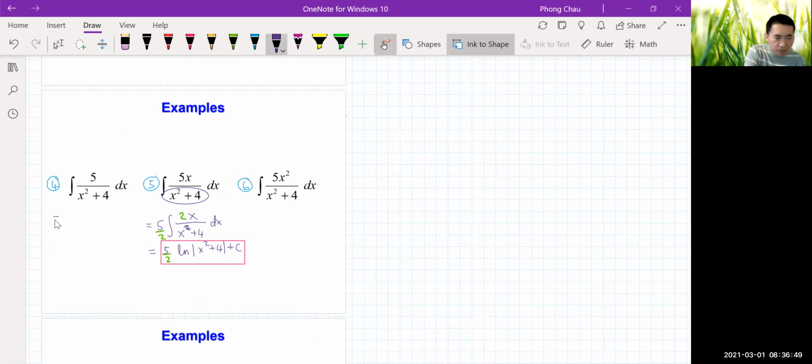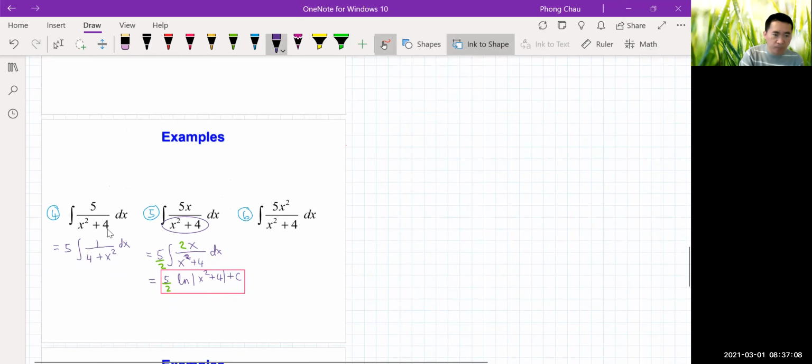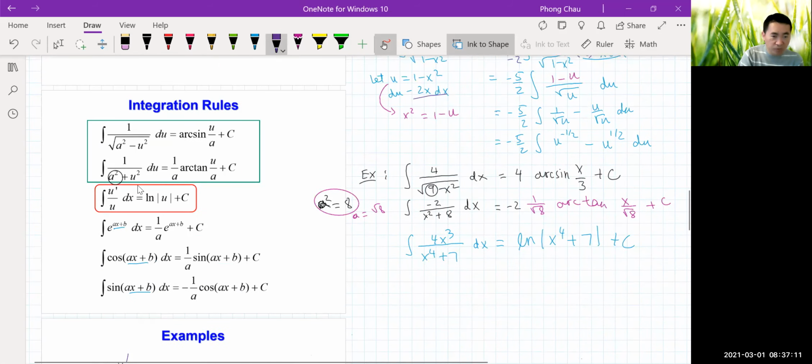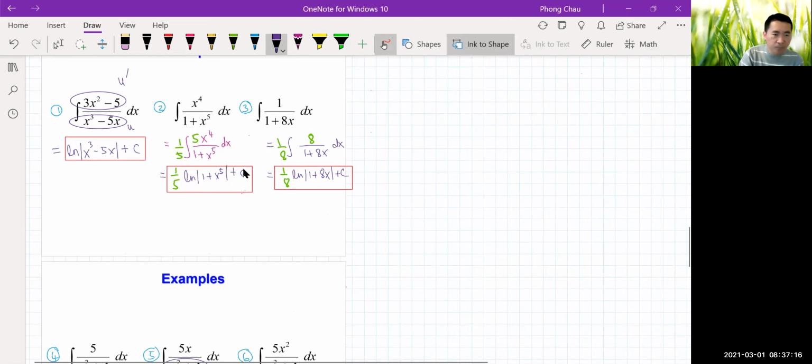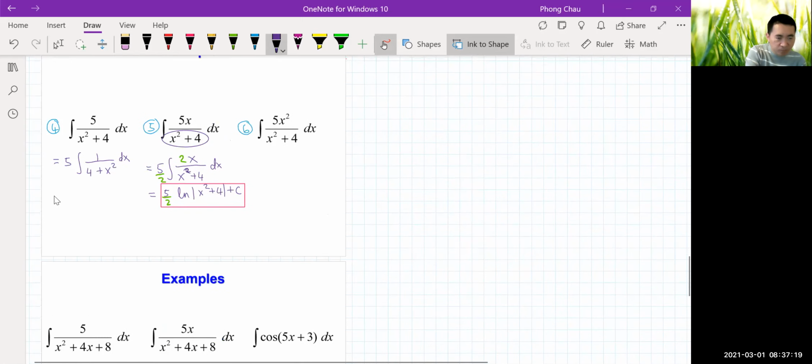To make it crystal clear, I'm going to rewrite it by taking out the 5, so that it's left with a 1. Again, to make it crystal clear, I swap the order: 4 over here plus x squared. So you can see the formula we have is 1 over a squared plus x squared, or a squared plus u squared. So the answer is 1 over a, arctangent of u over a. You have the 5 and 1 over a, and a in this case is 2.